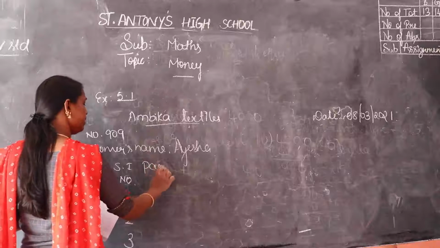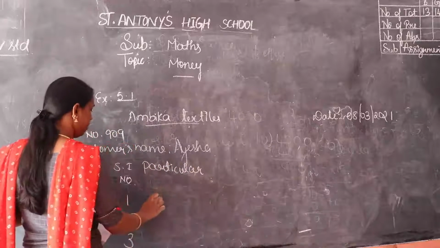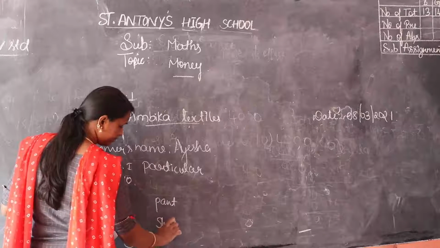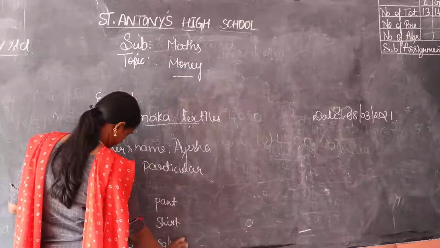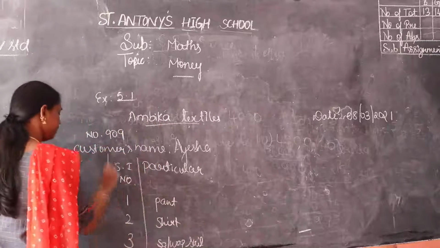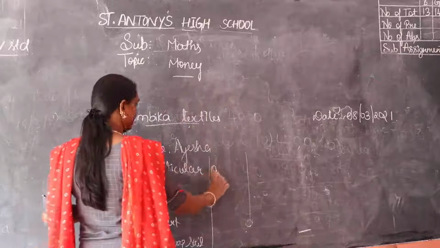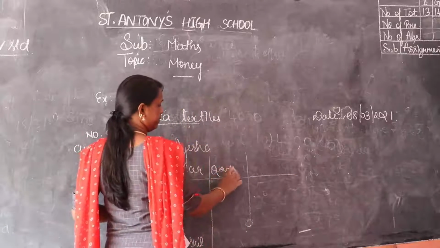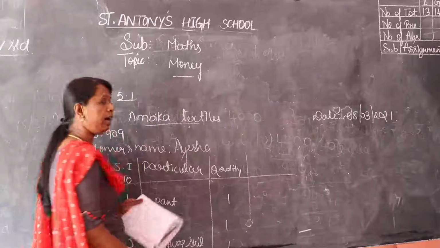Particulars are pant, shirt, salwar suit. And then in the next column, quantity: 1 pant, 1 shirt, 1 salwar suit.